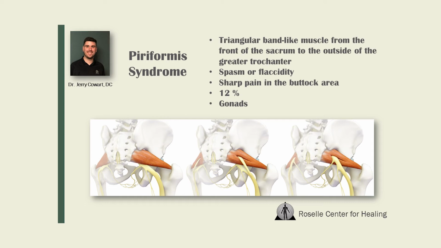Now, if you see here, I have 3 different pictures here, all basically the same thing with a slight difference. So the one on the very left is normal. You have your piriformis muscle, you have that sciatic nerve coming out of the lumbar spine and sacrum, exiting out, going underneath that piriformis and going down the leg. That's normal, that's what it's supposed to do, everything's good to go as long as the piriformis is behaving, right?